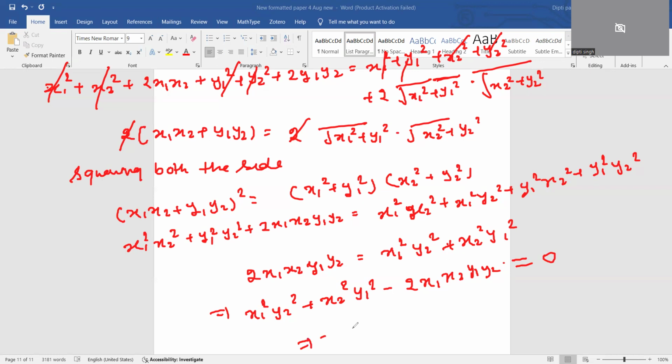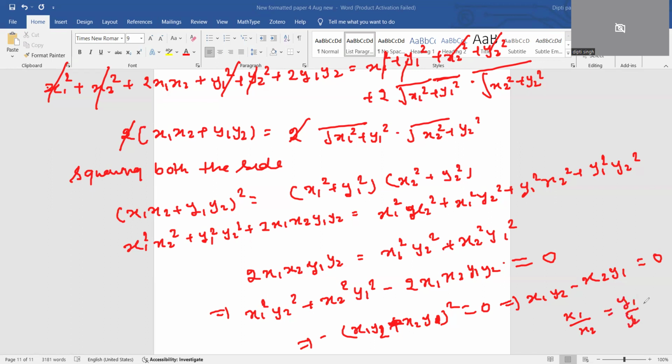So it will come x1 y2 minus x2 y1 whole square equals 0. So this implies x1 y2 minus x2 y1 equals 0. So we get x1 upon x2 equal to y1 upon y2 equal to k.